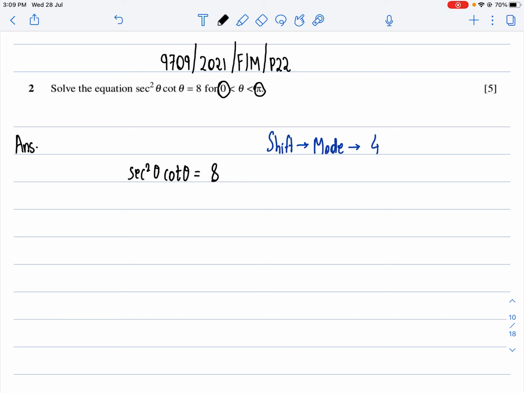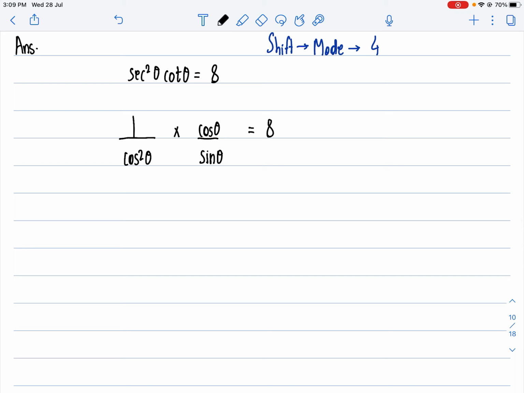So now I can write my sec square theta as 1 divided by cos square theta, multiplied by cot theta, which is 1 over tan theta, as cos theta over sine theta, which is equal to 8.